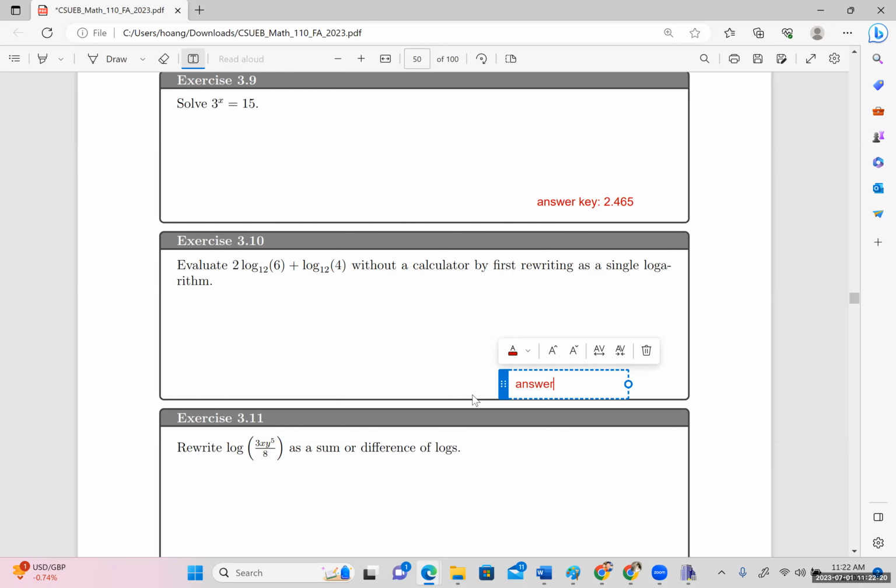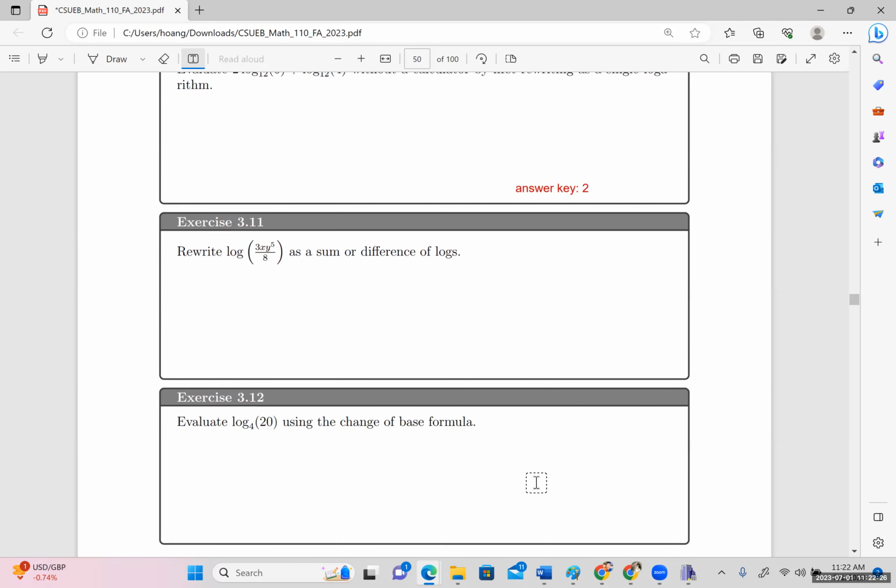Answer key is 2. You try. And the last one is 2.161.